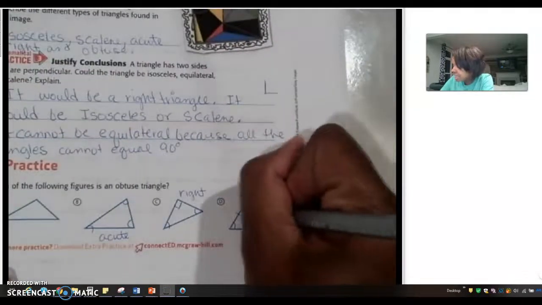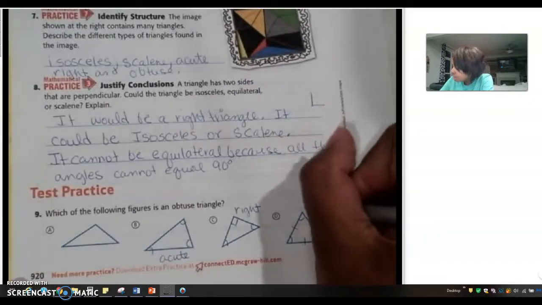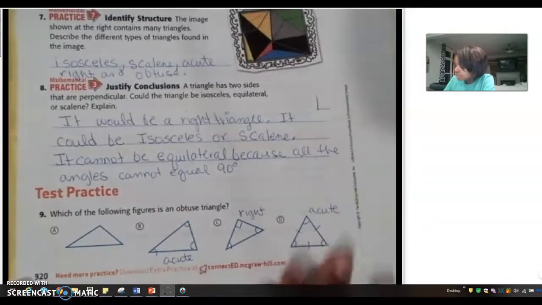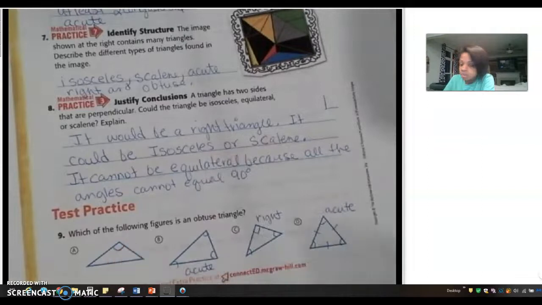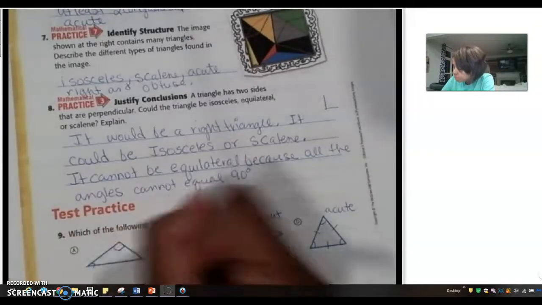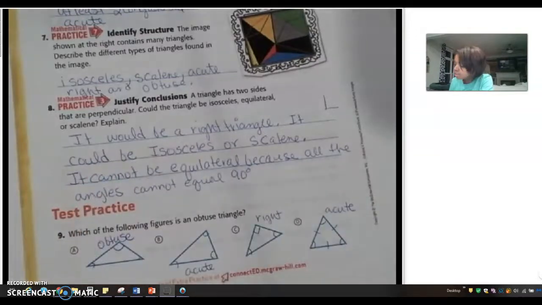This seems to be equilateral. It seems to have all sides and angles that are the same. So this is also acute. So this one right here, opening up a lot wider, has an obtuse with two acute angles. So this one is obtuse.